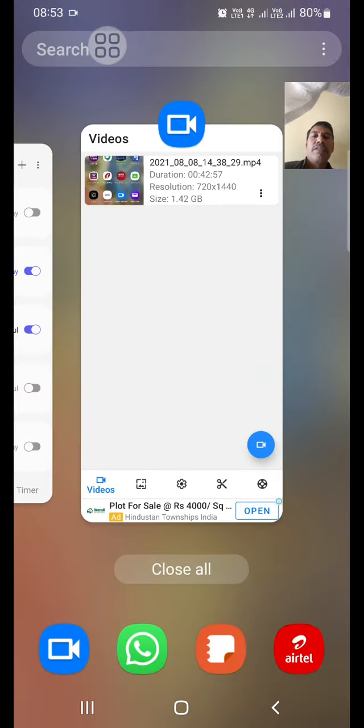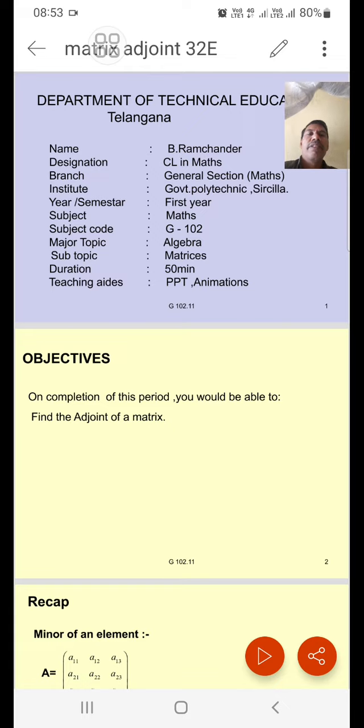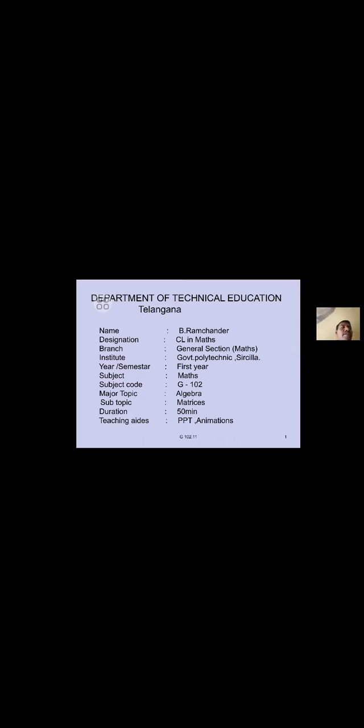Good morning, dear students. In the previous class, we discussed matrix and its determinant and determinant properties.